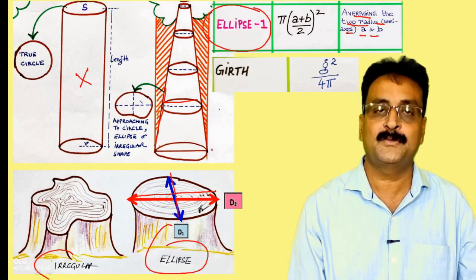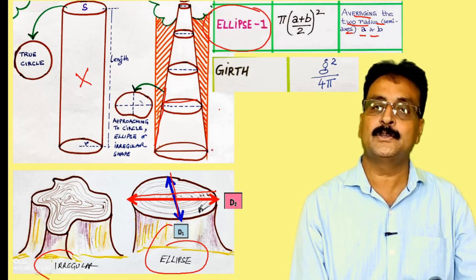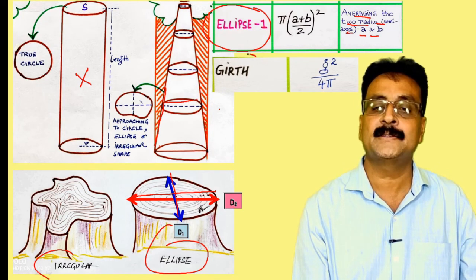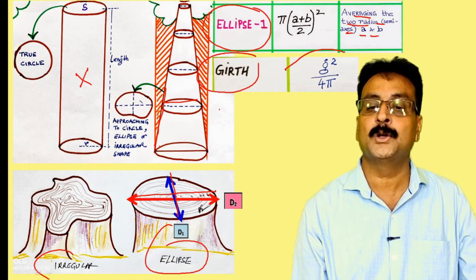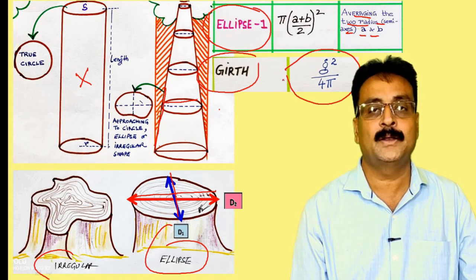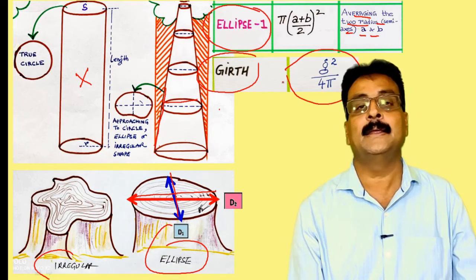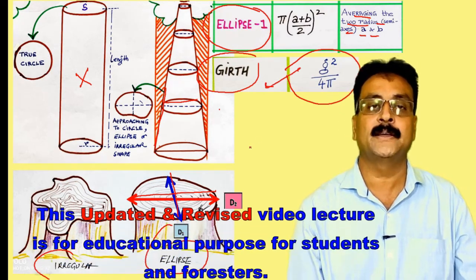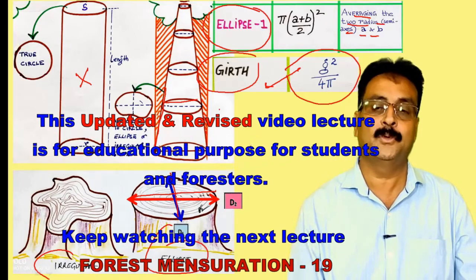But when the caliper is not very feasible, girth is more handy and it is the second option, still closer to ellipse 1 and still better than ellipse 2. So we can also take girth, which is more handy and better.